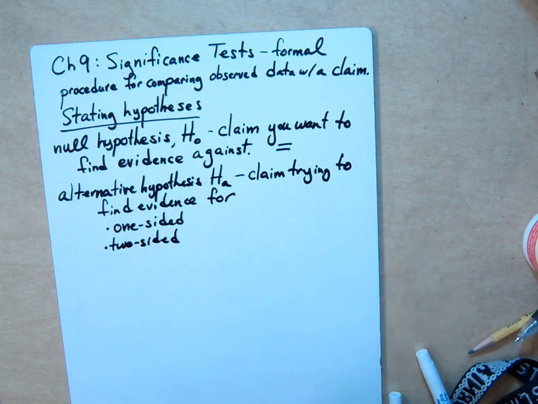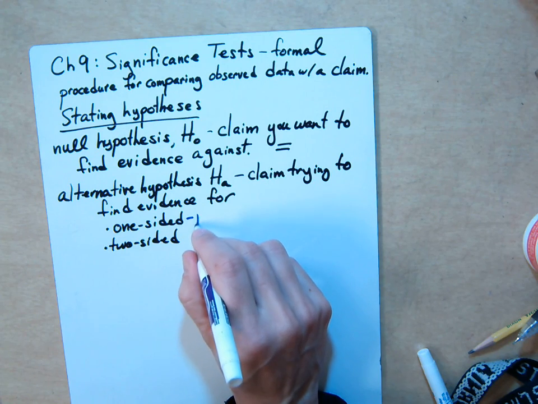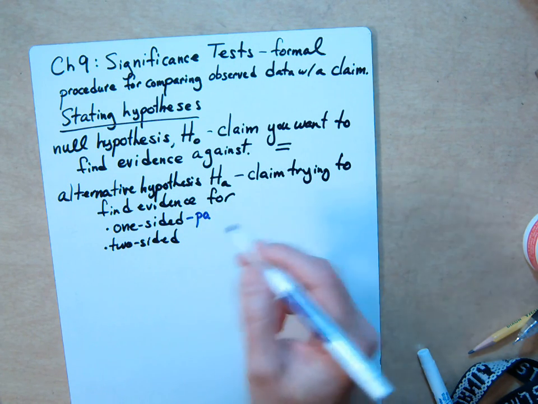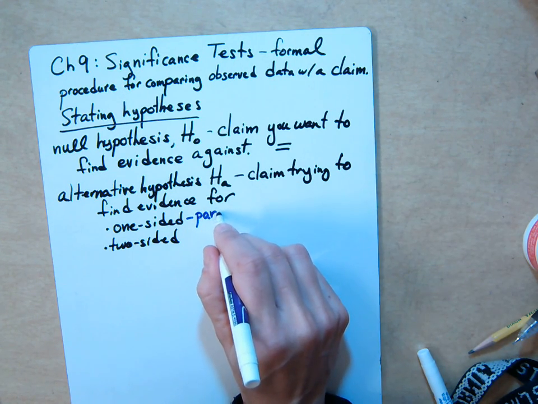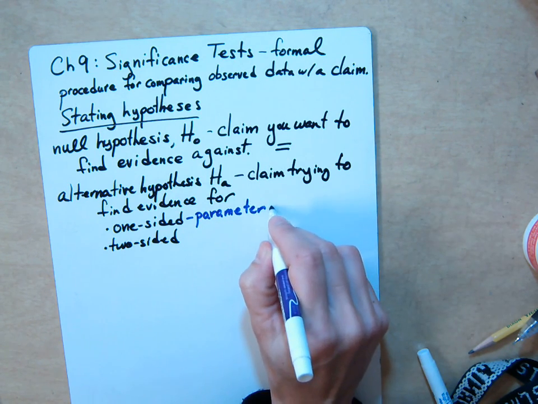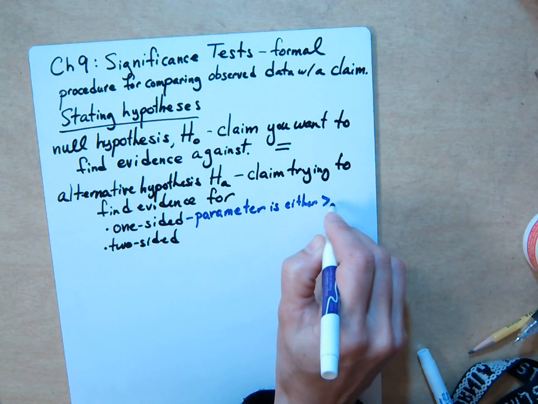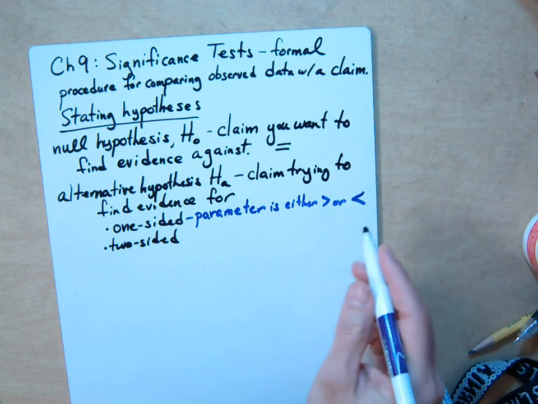One-sided is if the parameter, which remember is what we're trying to determine about the population, like the mean or standard deviation, is either greater than or less than the null hypothesis.